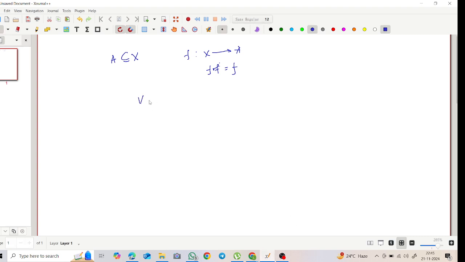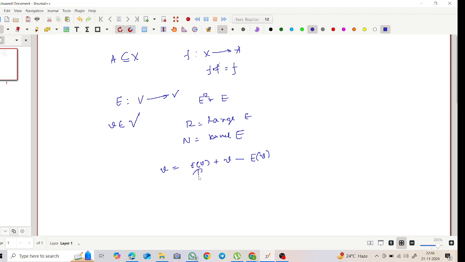Suppose E is a linear transformation from V to V such that E squared is E. R is the range of E, and N is the kernel of E. For any v belonging to V, you can write this as Ev plus v minus Ev.